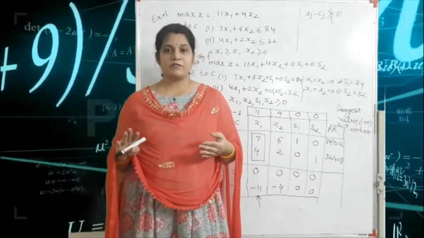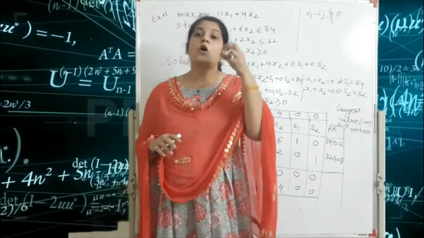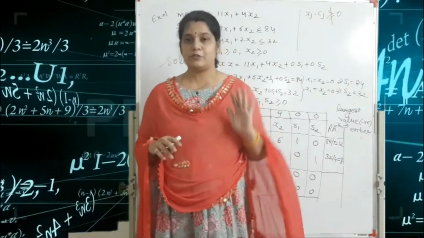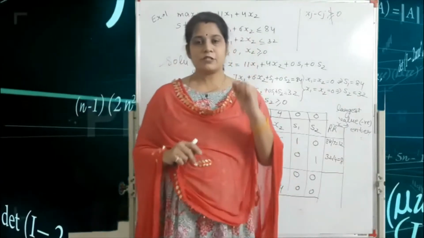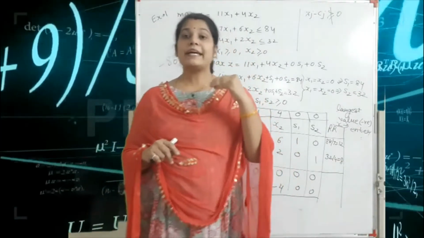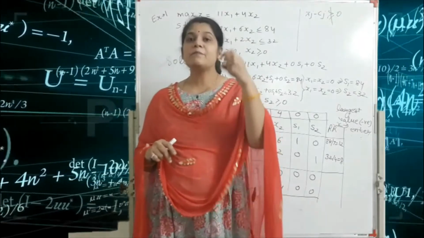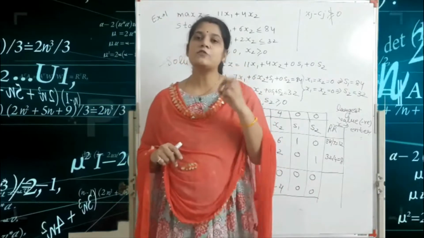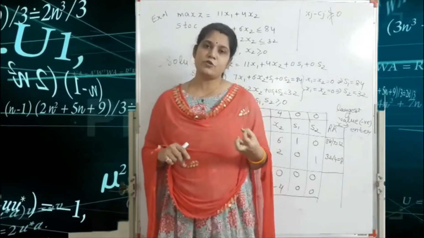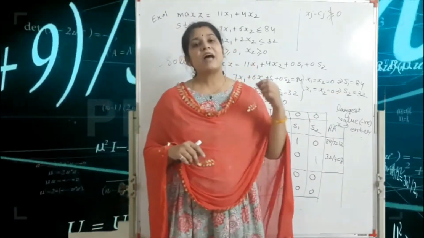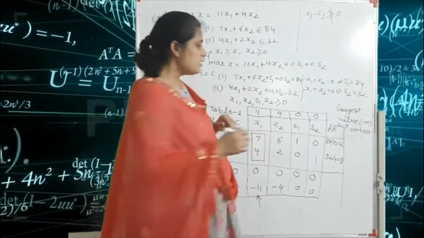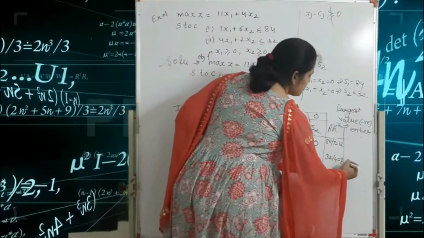You consider only the positive values. Here we get two positive values, 12 and 8. So 8 is the minimum positive value. Always consider the minimum positive value in the replacement ratio, and that variable leaves.